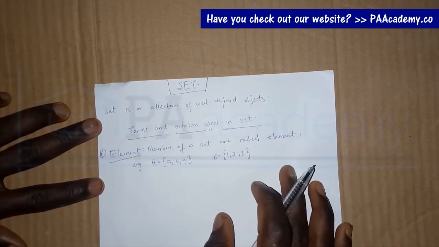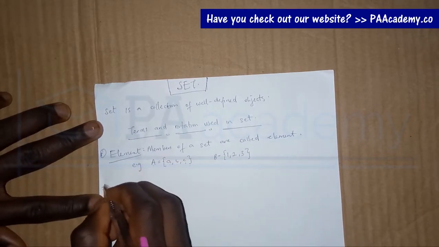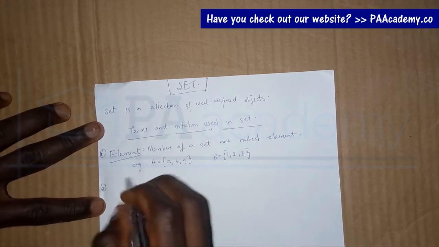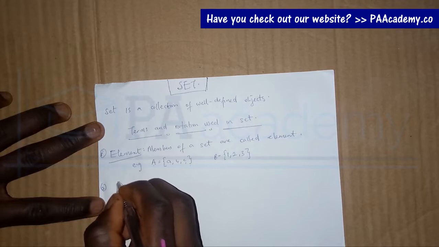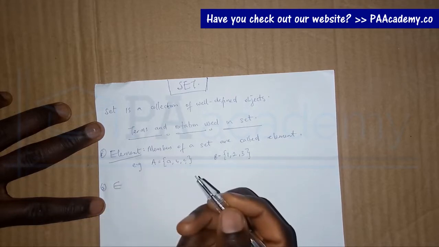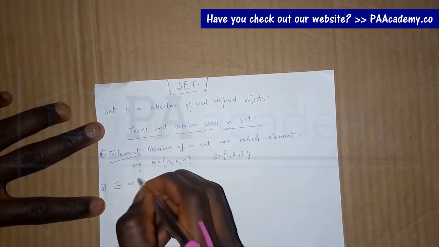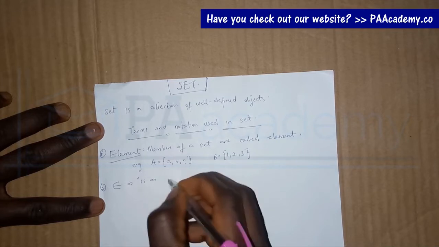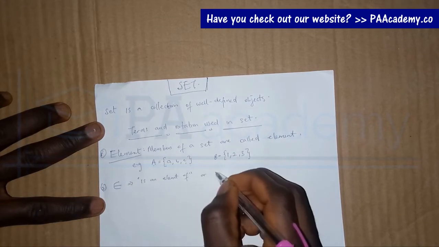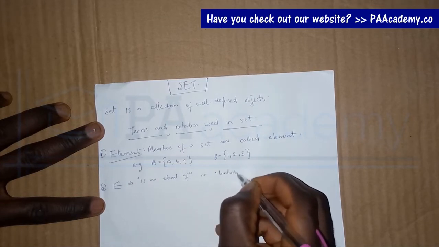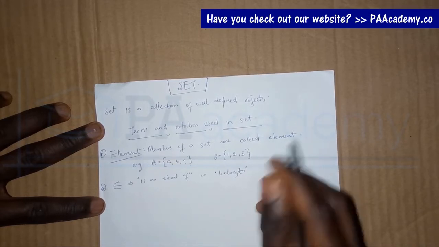Alright, let's look at another term. This is a notation. If you see something like this, it's looking like an E, but it's not. What this notation means is is an element of, or belongs to.